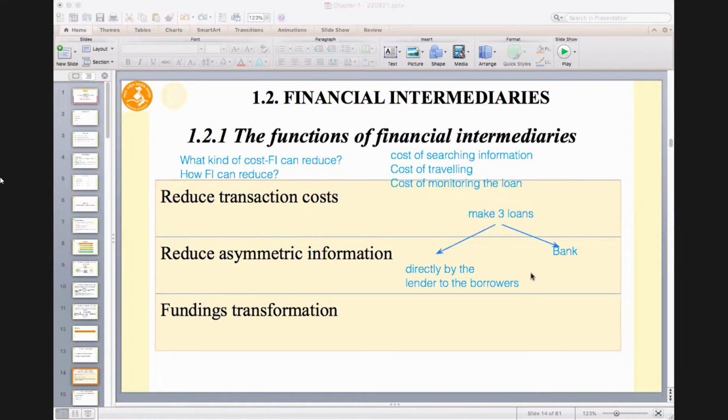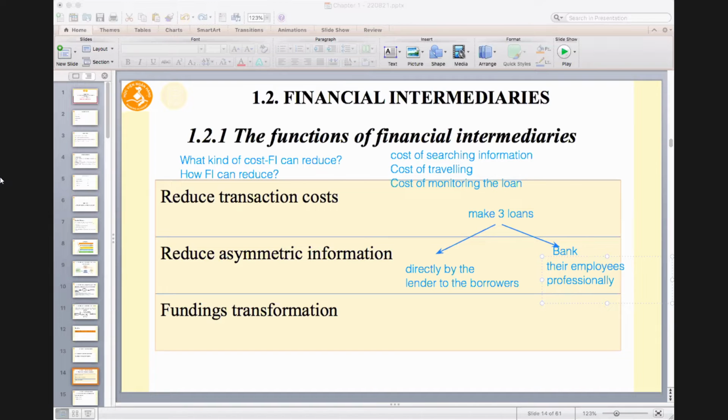But the bank has very professional employees, who are trained very professionally. So they have the skill and knowledge to collect information about the customer. Otherwise, they have many ways.